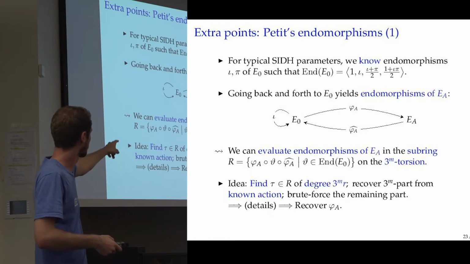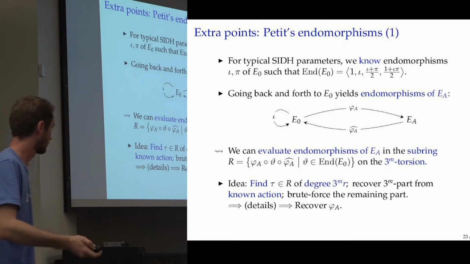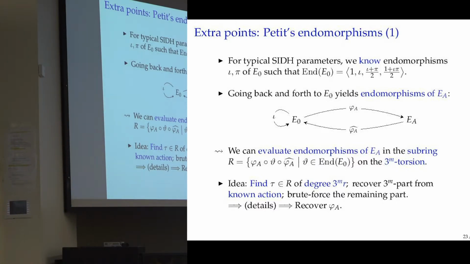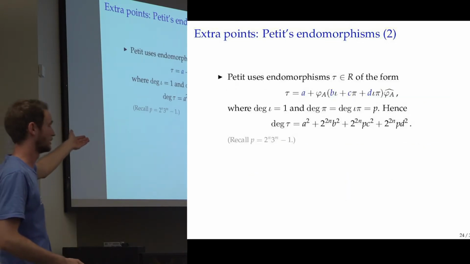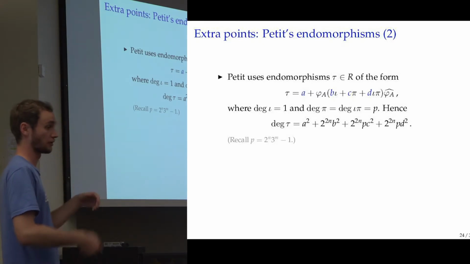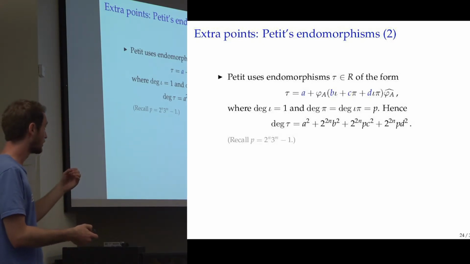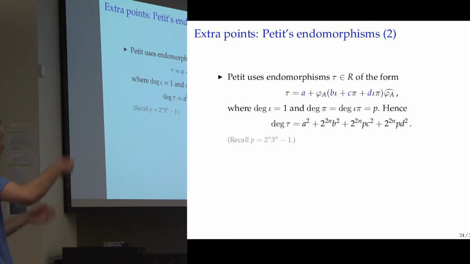We wanted the degree of tau to be 3 to the m times something very small, because the small thing should be the stuff we need to brute force. But looking at this equation, most values, if you plug in random A, B, C, and D, are very big, much bigger than 3 to the m. 3 to the m is about the size of 2 to the n, and here we have coefficients that are 2 to the 2n and 2 to the 4n. So this is all very big very quickly.